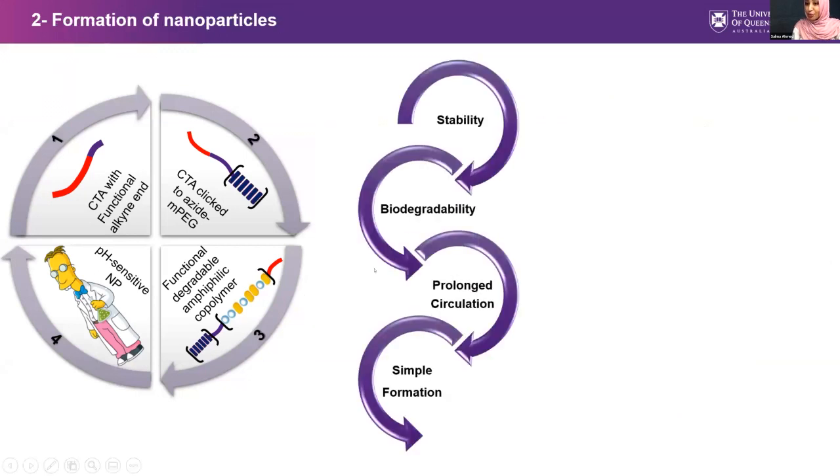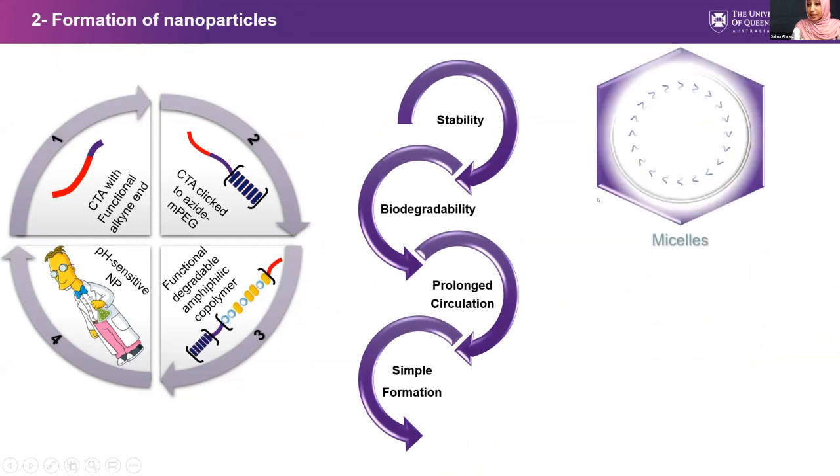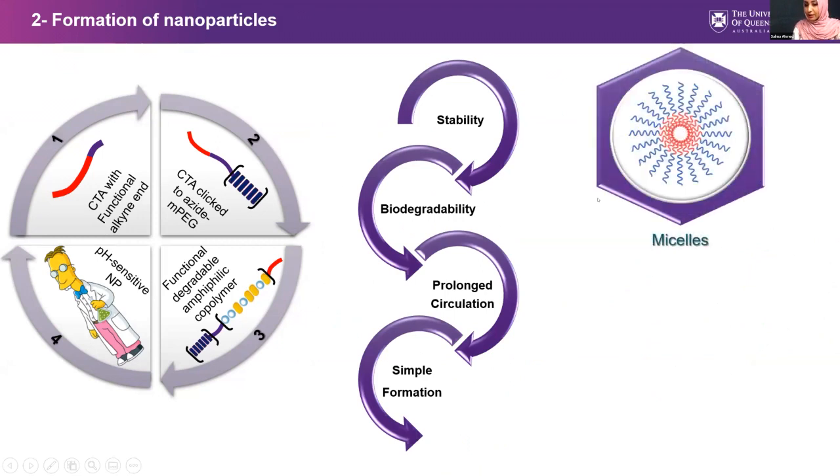Now the question is, what nanoparticles are we looking for? We want to make something that's stable, biodegradable, and has a prolonged circulation in vivo and in vitro, and also includes simple formation steps. The natural candidates are micelles, because they can encapsulate hydrophobic drugs within their hydrophobic cores, and also they can be decorated with targeting ligands and imaging probes.